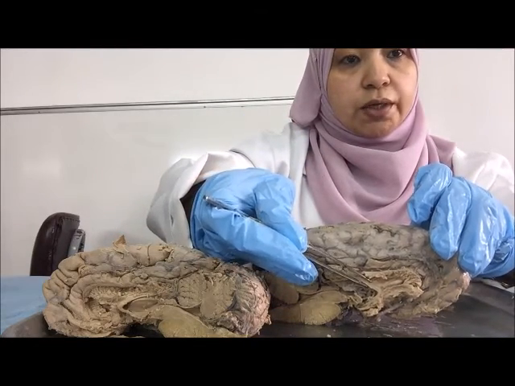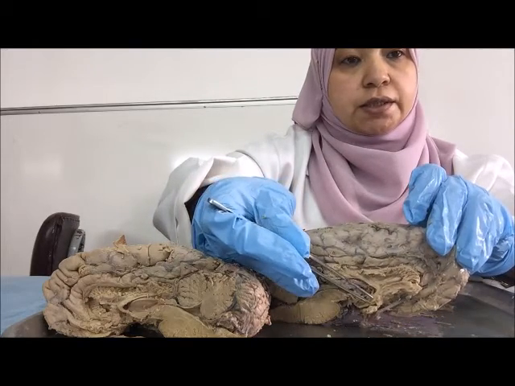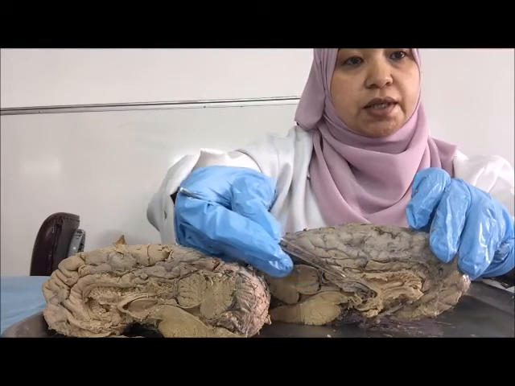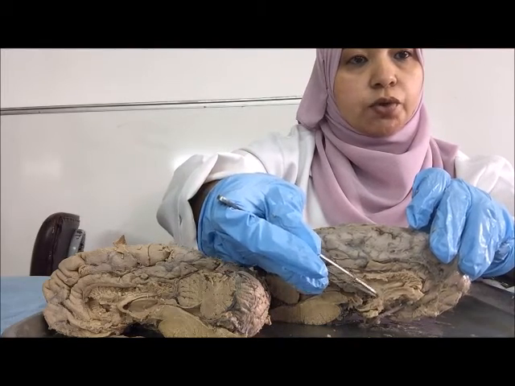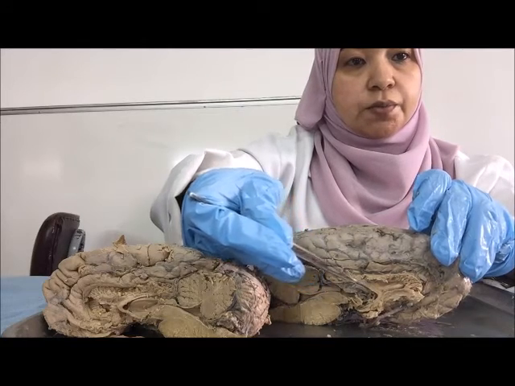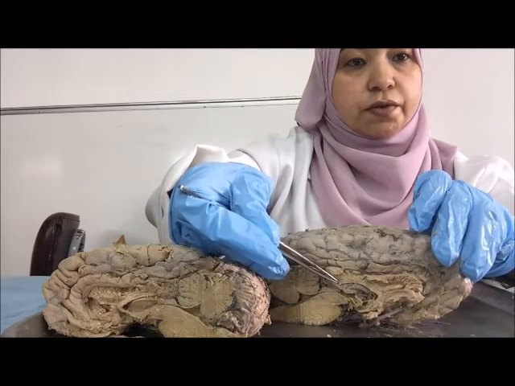Also, we have to identify this structure here. This structure is called the fornix. The fornix, as we mentioned in the theoretical session, is composed of this part, which is the anterior column, and this part is the body of the fornix, and here this is the crura of the fornix.